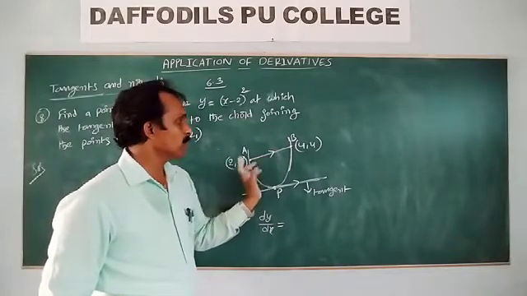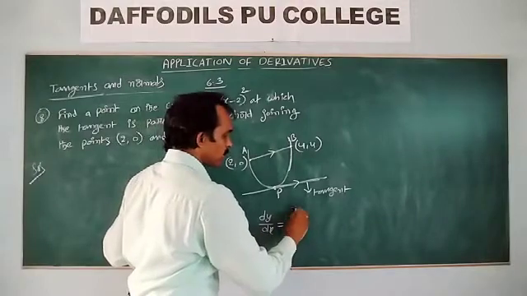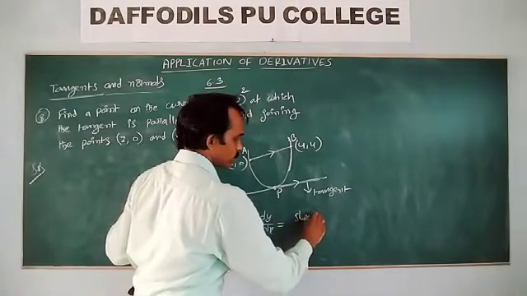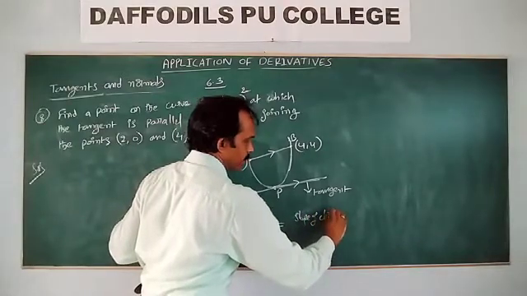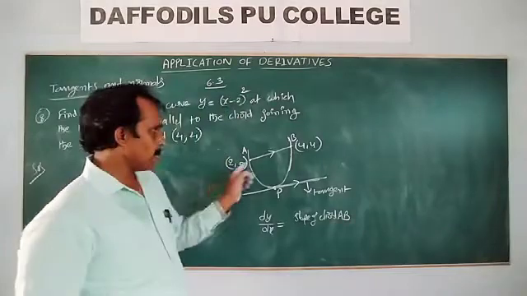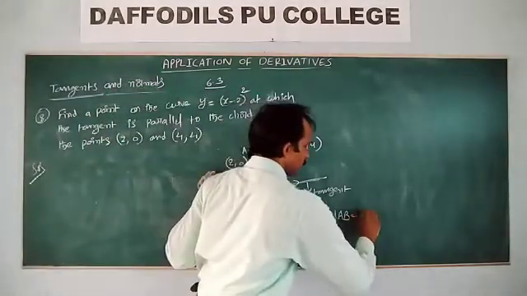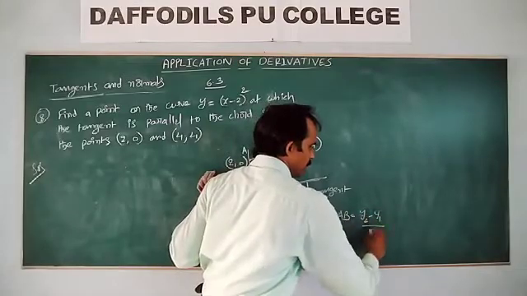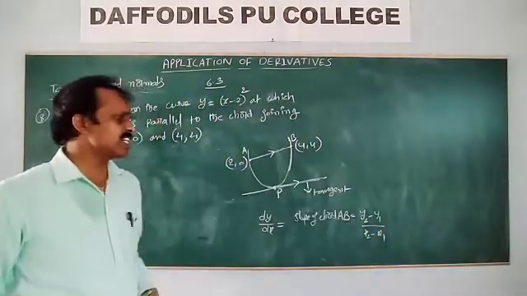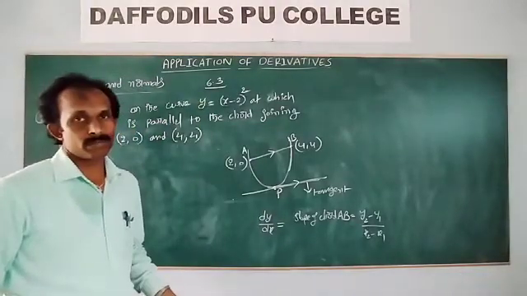The slope of chord AB, passing through two points (x1, y1) and (x2, y2), is (y2 minus y1) by (x2 minus x1). This is the concept. Using this condition, we find the point P.